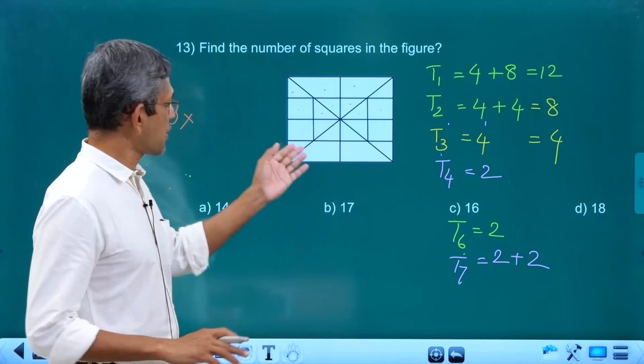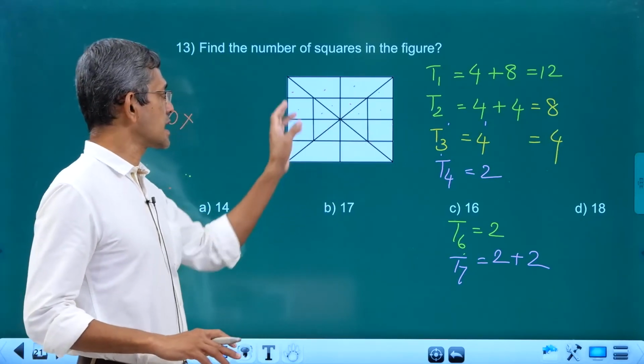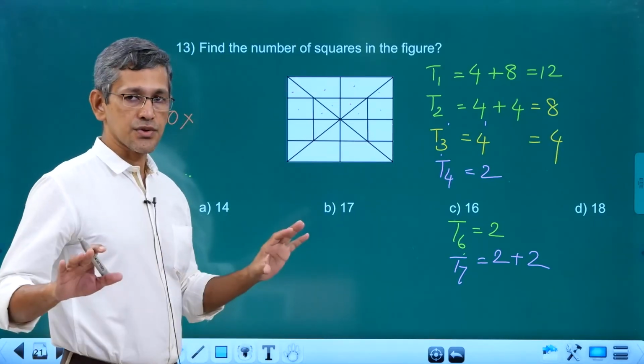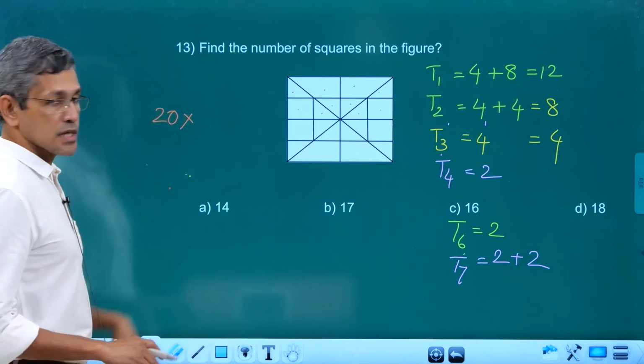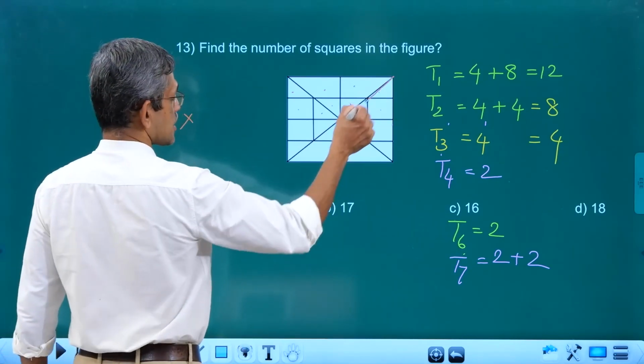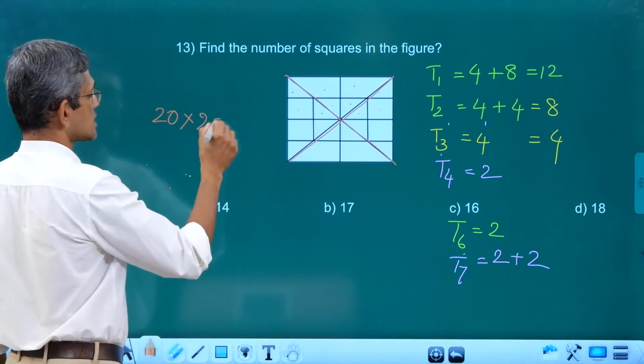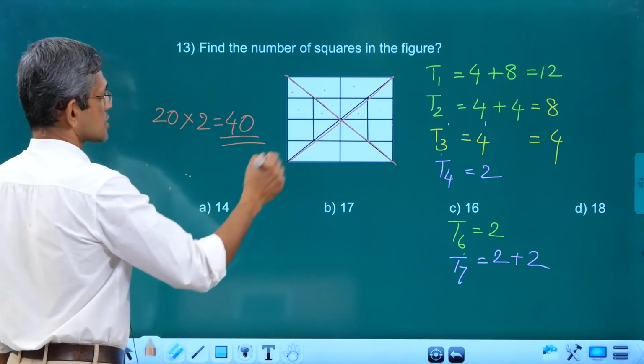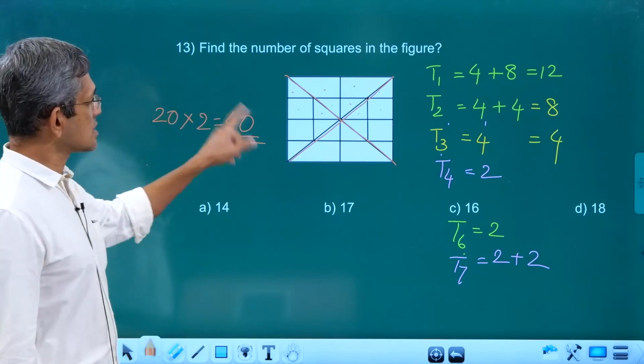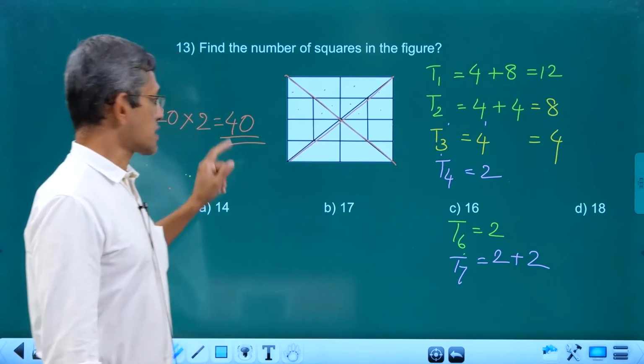It could be squares, it could be triangles, it could be any other figure, no issue. So total number of pieces 20. How many diagonals do you have? 2 diagonals. So 20 into 2, the answer would be 40. So number of triangles in this figure will be 40.